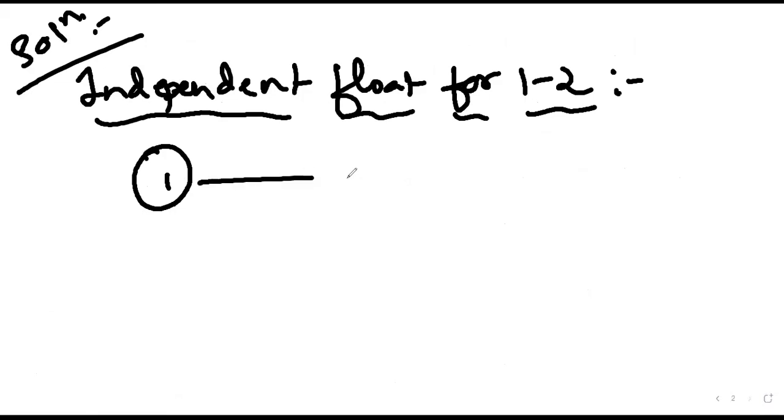We have to determine the independent float for 1-2. We have to first identify the previous and the next activity. What is the previous activity for 1-2?